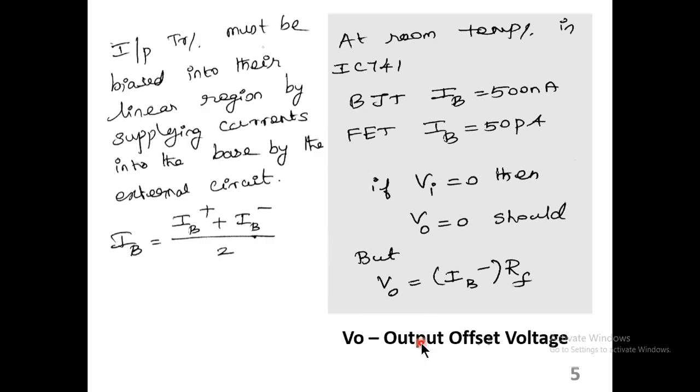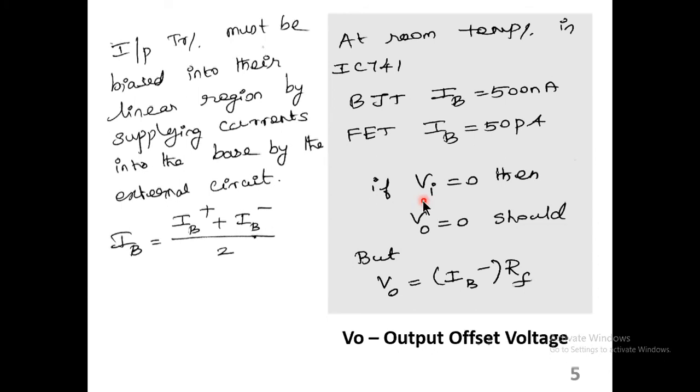Here, the IB value is the average of the positive and negative terminal base currents, divided by 2. At room temperature for an IC 741, for BJT the IB value is normally 500 nanoampere, and for FET it is 50 picoampere.